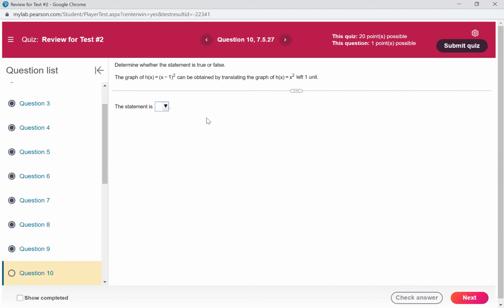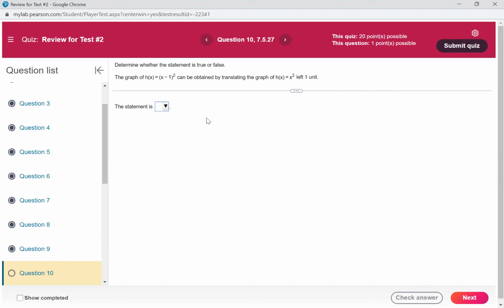So this one is a true or false. And it's based off of the problems like 2, 3, and 4 were earlier, where we were translating them left and right and all that fun stuff. So this wants to know if the graph of h of x equals x minus 1 squared can be obtained by translating the graph of h of x equals x squared left 1 unit.